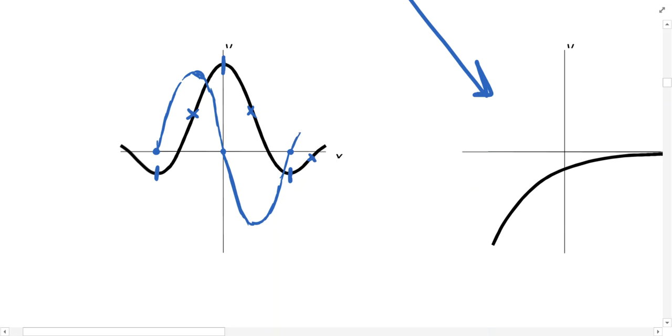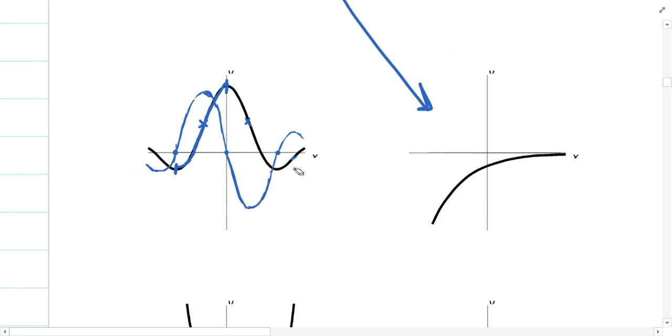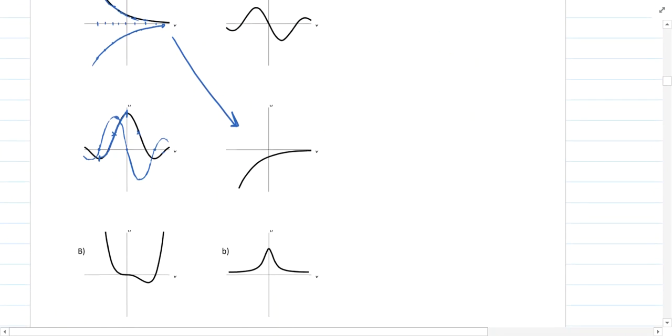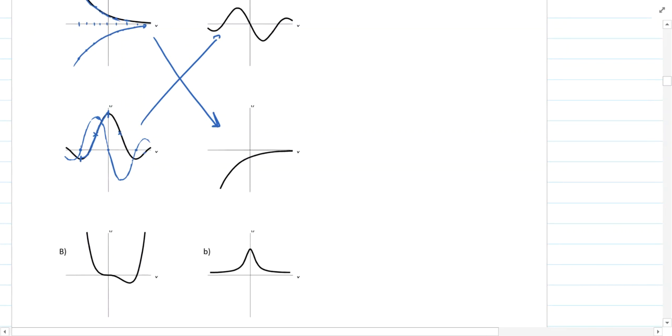So I think we're going to reach a high point right about here and then down below. The steepness of this graph along this region is nowhere near the steepness of the graph here. So therefore the height of the derivative should not be as tall as the height of the derivative over here. And if I were to finish sketching that derivative, I think it would look something like this. And now I'd be on the lookout for that elsewhere, and it looks like we found that match up here.